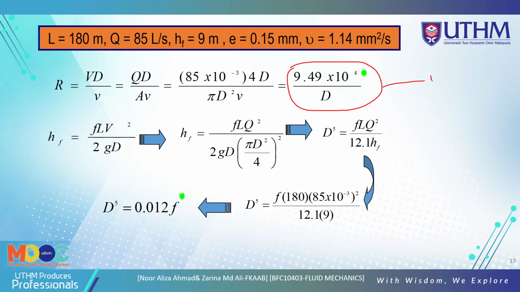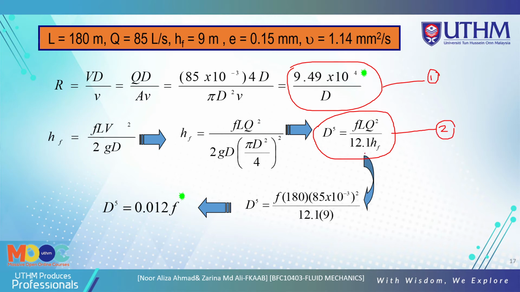You get equation 1, and then you use the HF here, based on the diameter D, until you get the terms of D here, so you get equation 2.